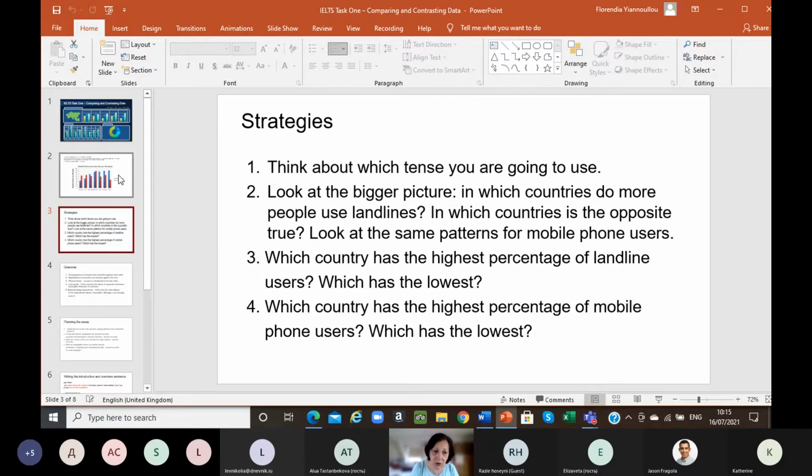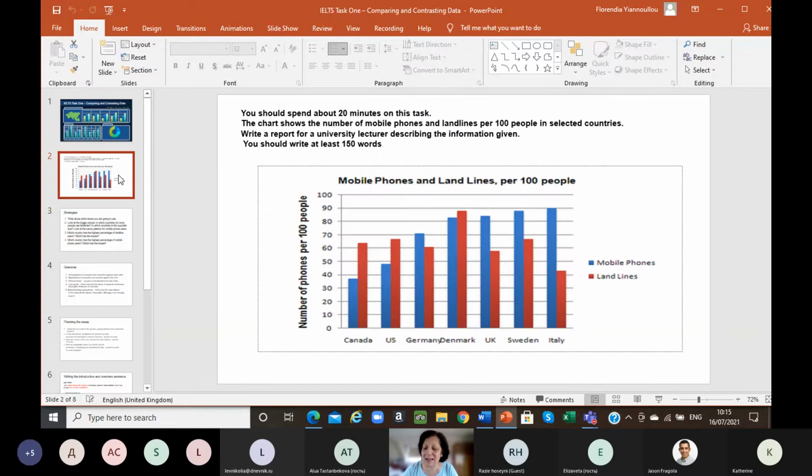One thing you must not do in this essay is list. If you say Canada has around 38% of mobile phone users and just above 60% landline users, then the USA has 48 out of 100 mobile users, but just under 70% landline, if you do that, you're not going to get a high score in the IELTS.